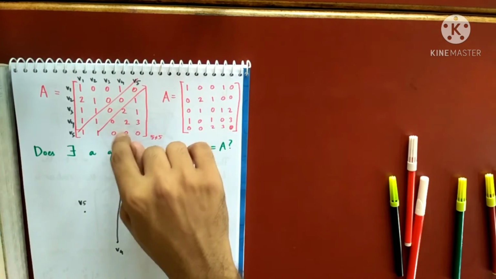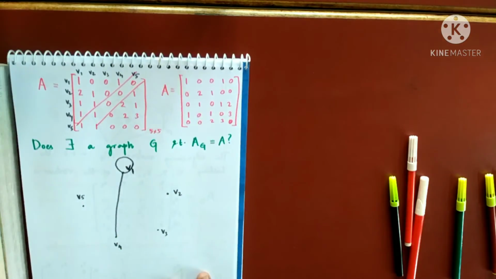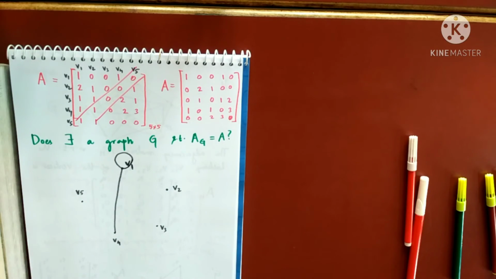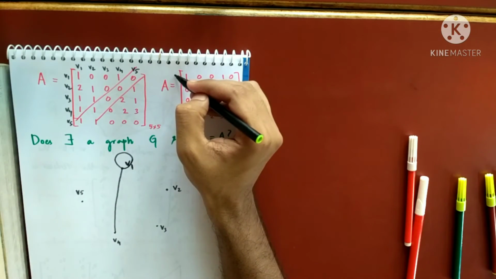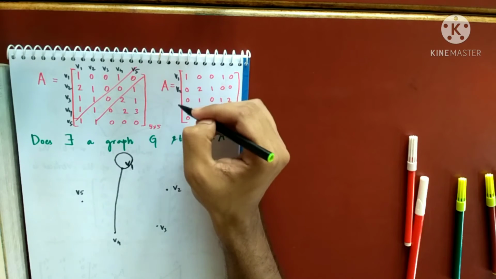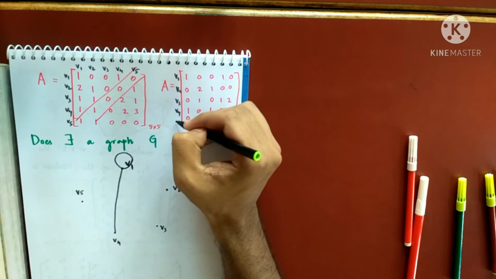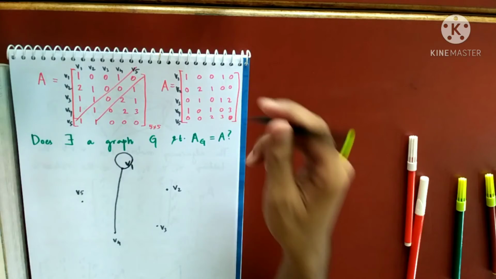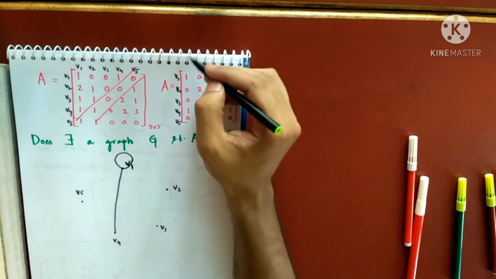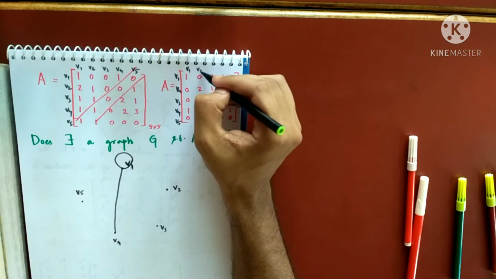Yes, there corresponds a digraph with respect to this matrix, but you can do that by yourself. I am first showing you for a simple graph. So the question still remains the same: does there exist a graph whose adjacency matrix is the same as this matrix? So what do we do?